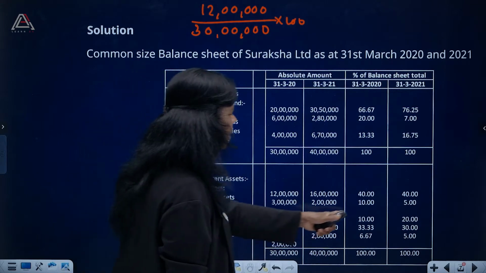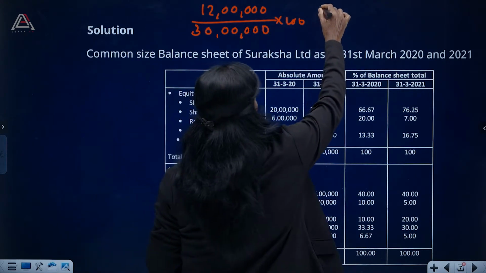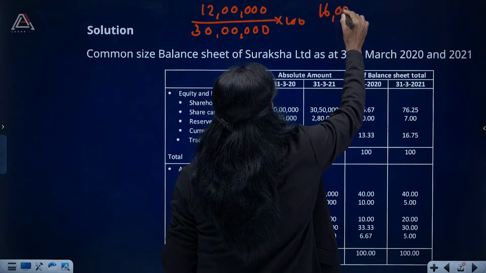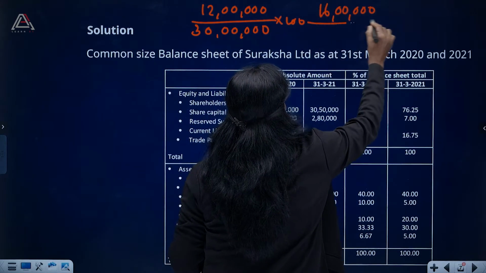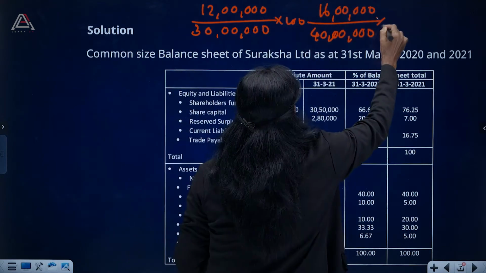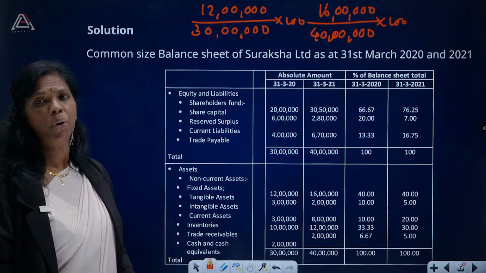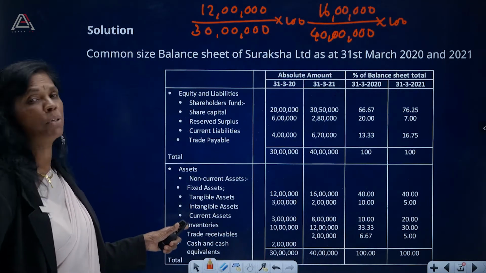So, you will get 40%. Then next case also 16 lakh divided by 40 lakh into 100, we will get 40%. Okay, like that each item we have to find out.